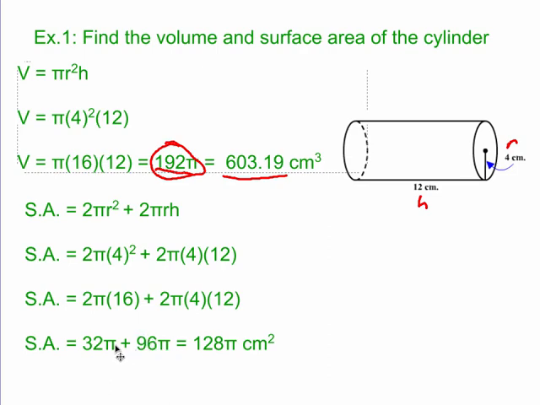We treat pi as a like term, or a variable, so it stays on the outside. And 32 plus 96 is 128. I'm not even going to bother turning this into a decimal. The answer is 128 pi centimeters squared. So you can see from this problem that all I'm doing is plugging my radius and my height into my formulas and solving for my volume and surface area.